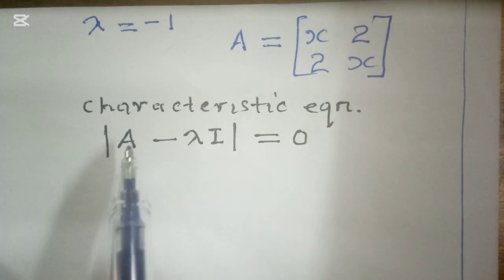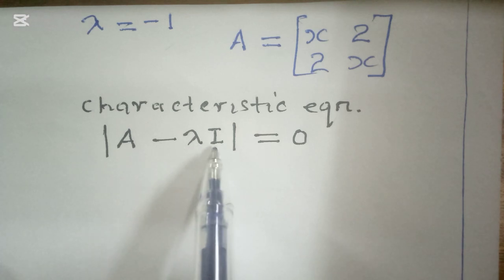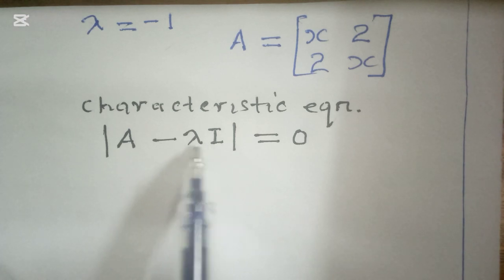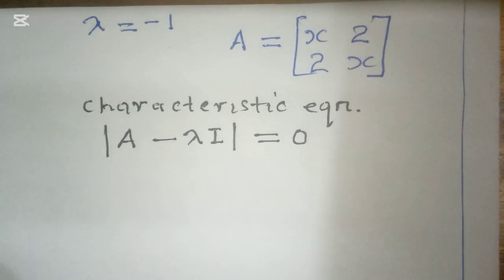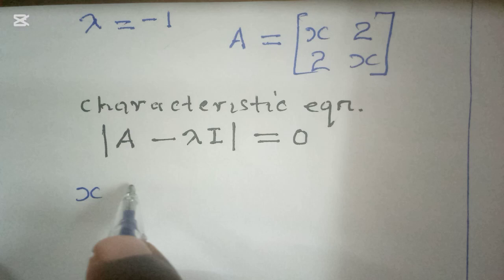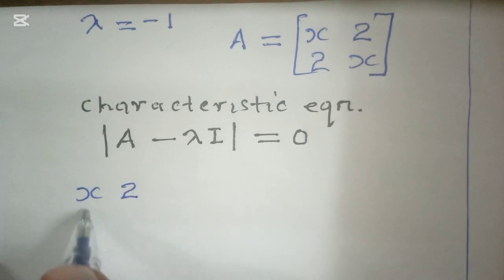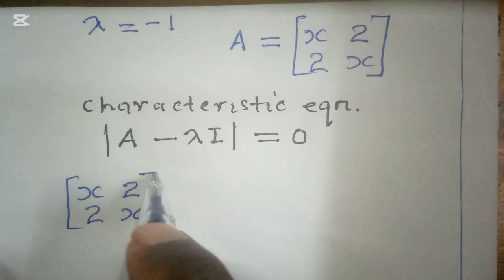The first thing we are going to do is subtract lambda multiplied by the identity from A. So I can write first of all A, which is x, 2, 2, x, like that.